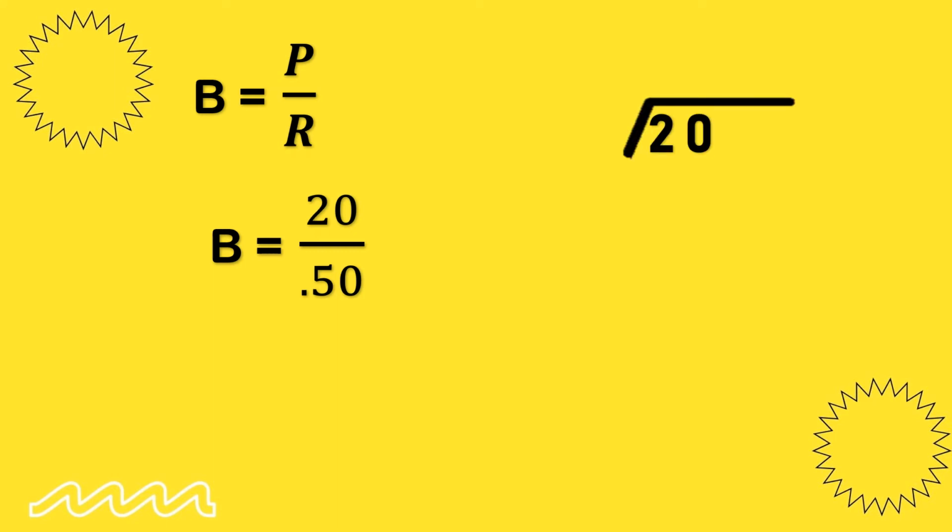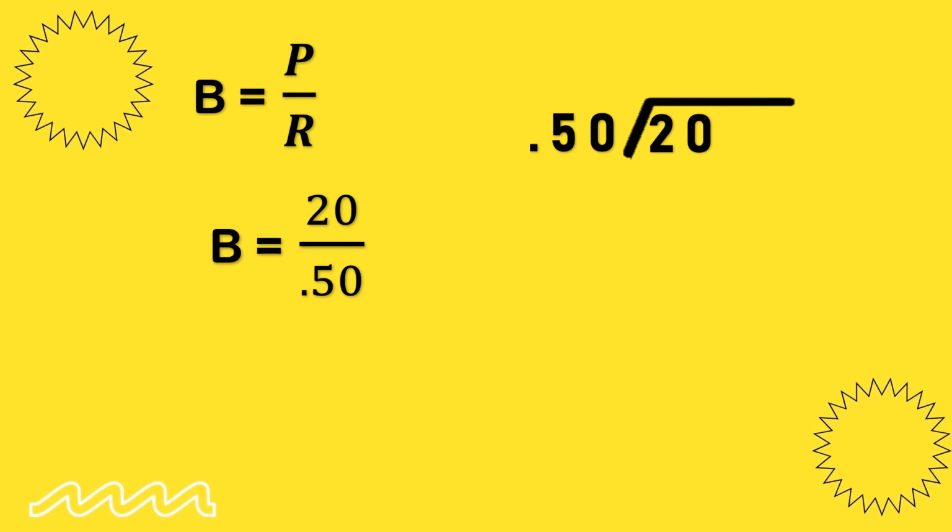Now, let's go back to our formula. B equals P divided by R. Let's replace now 50% by 0.50, so B equals 20 divided by 0.50 or 50 hundredths. And then let's divide. 20 divided by 0.50.